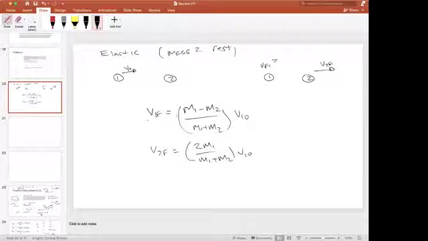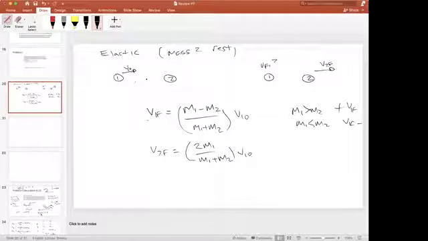But V1 final is either positive or negative or 0, depending on what M1 and M2 are. If M1 is greater than M2, then V1 final is positive. If M1 is less than M2, then V1 final is negative. What that means is, if M1 is a marble and M2 is a bowling ball, it hits and bounces off and goes back the other way. If M1 is a bowling ball and M2 is a marble, it hits it and rolls over it, right?